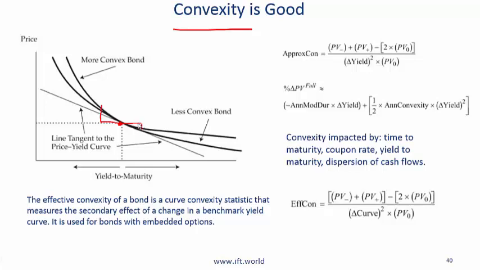So this is called the convexity effect. If you have bond A and bond B is more convex, then you as an investor, all else equal, will prefer bond B because convexity is your friend.